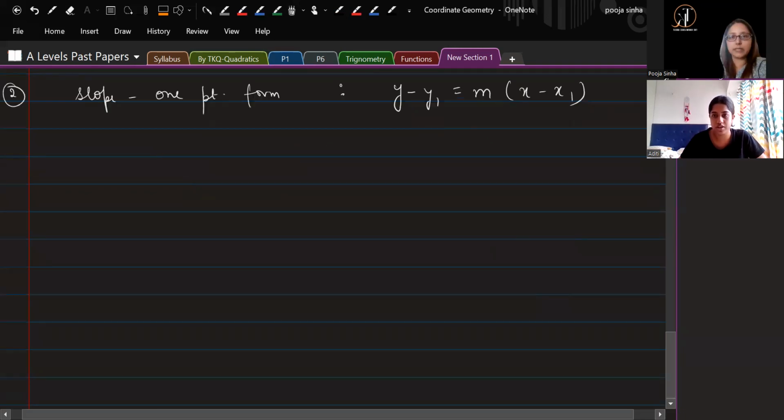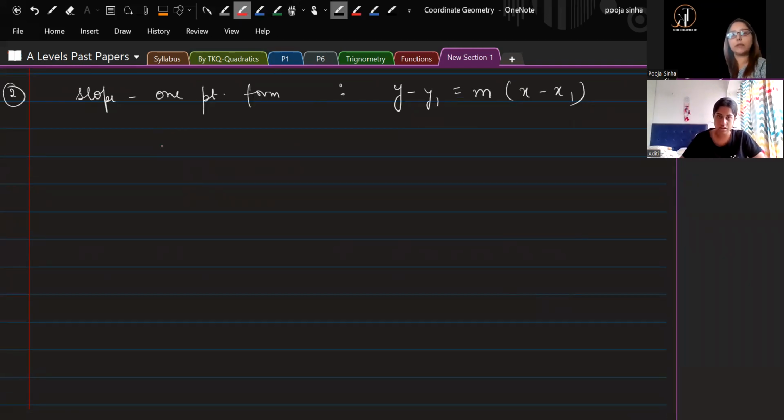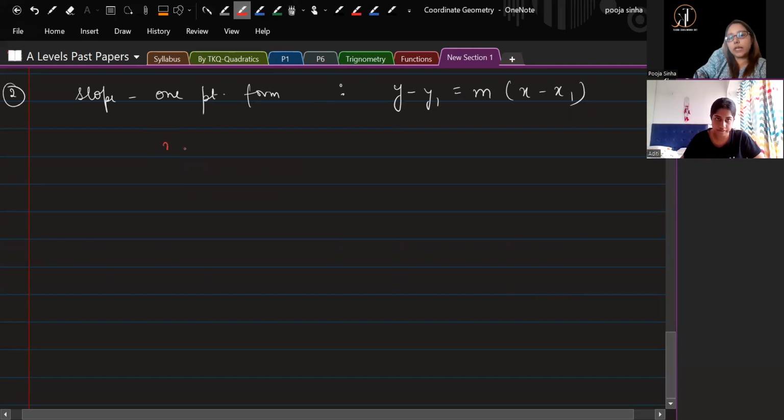Suppose I am given that the slope of a line is 3 and one of the coordinates is 6, 7. What will be the equation? Only the slope and one point are given.